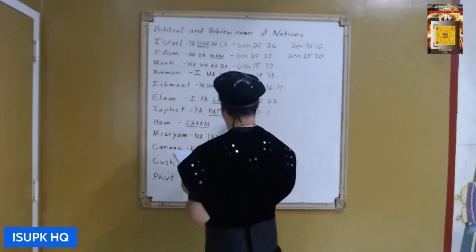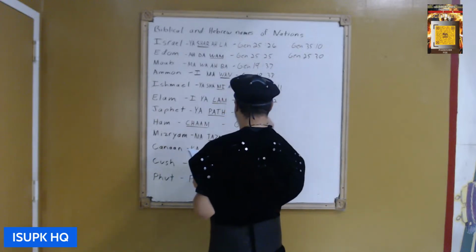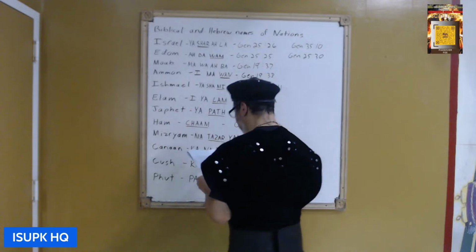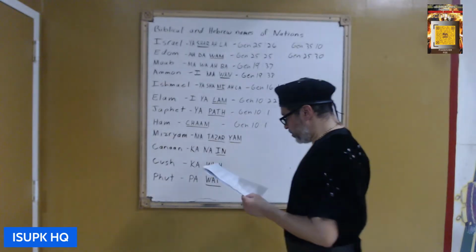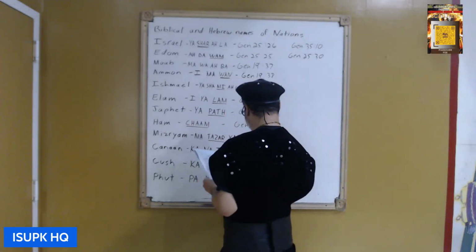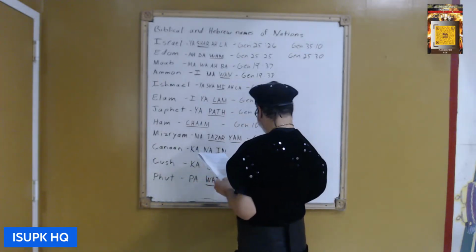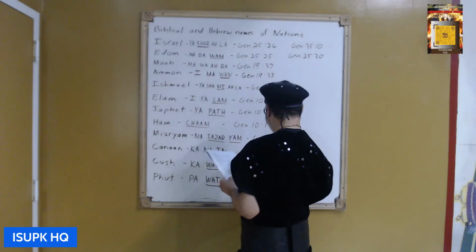Ham also can be seen in Genesis 10, verse 1. Mizraim in Genesis 10, verse 6.